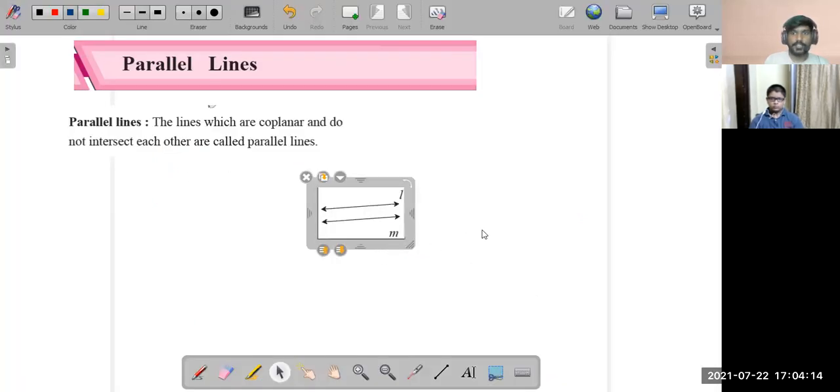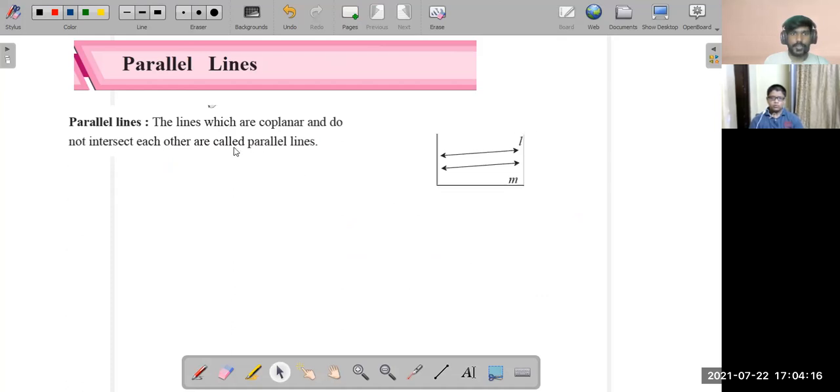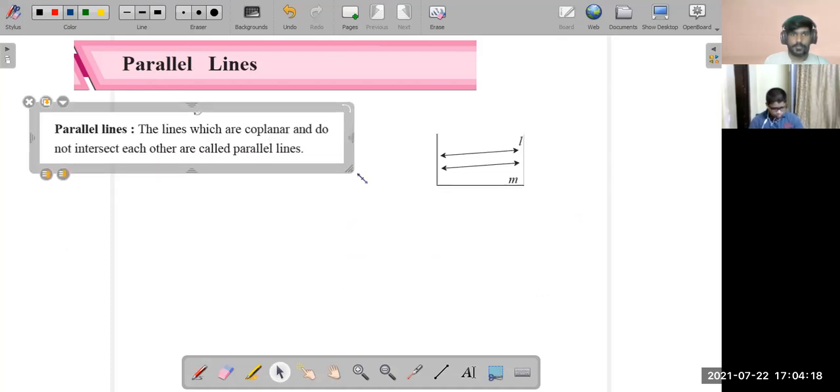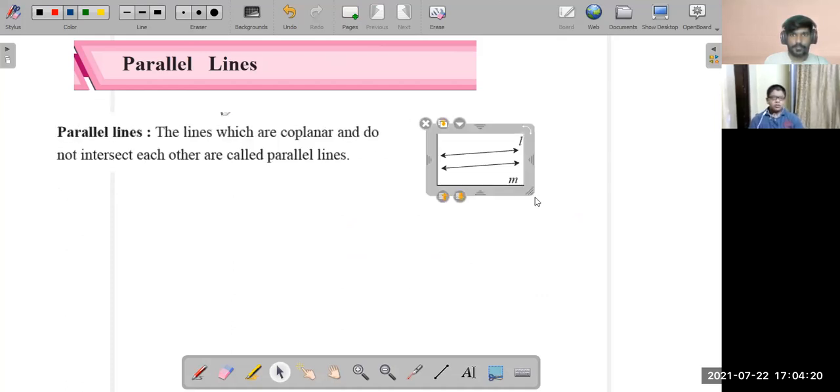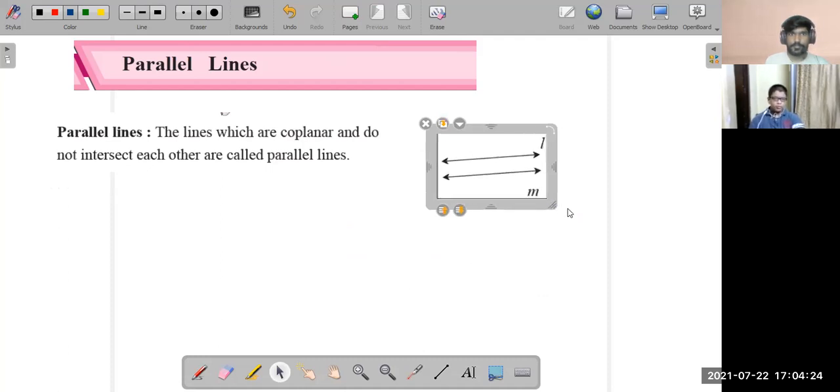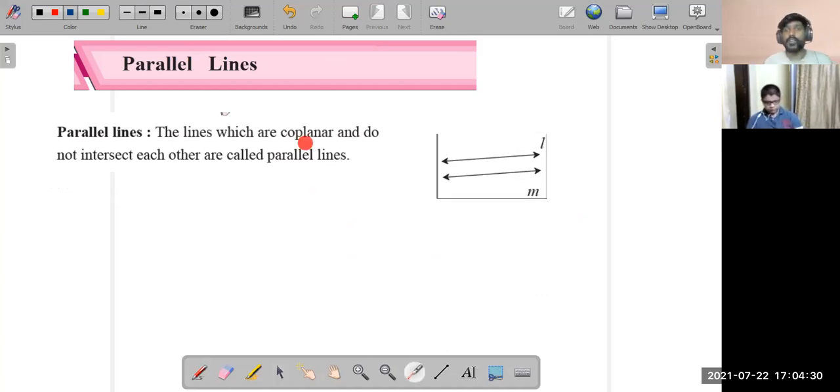Okay. Can you read this definition for me? The lines which are coplanar and do not intersect each other are called parallel lines. Yes, the lines which are coplanar and do not intersect each other.